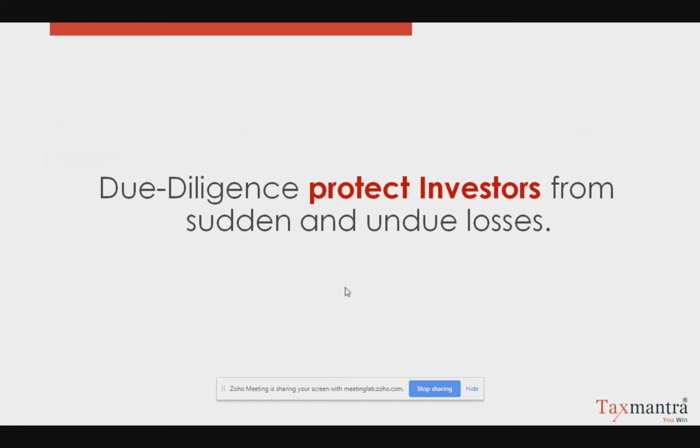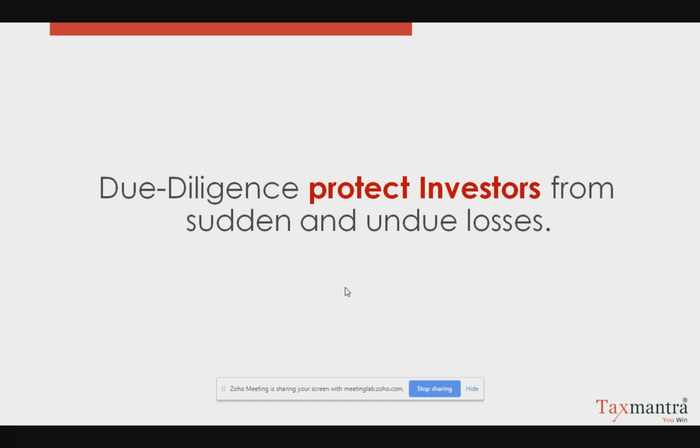From the funding point of view, due diligence protects investors from sudden and undue losses. Consider a situation when an investor wishes to invest in a particular company. They show their interest, and after some discussion with the founders and the promoters, they invest in the company.